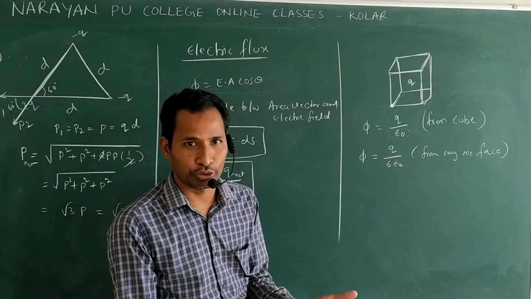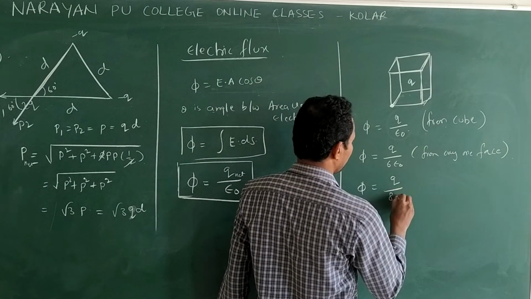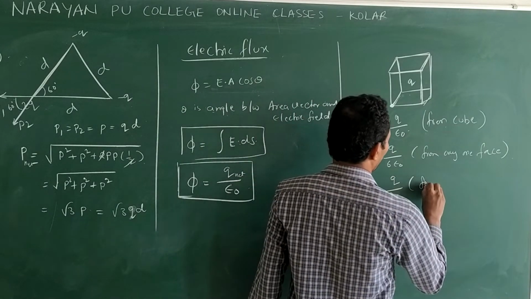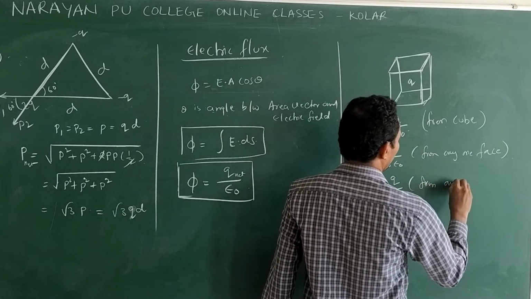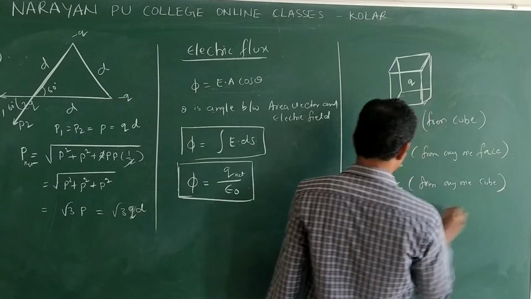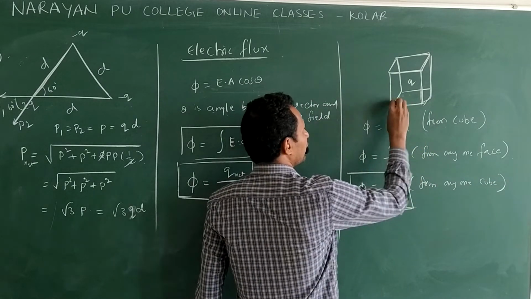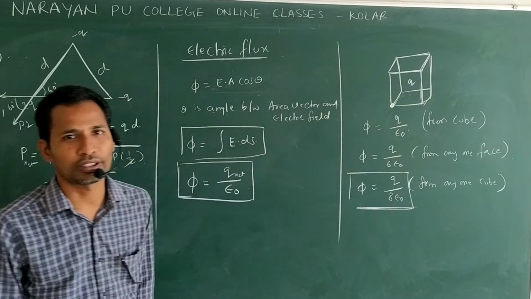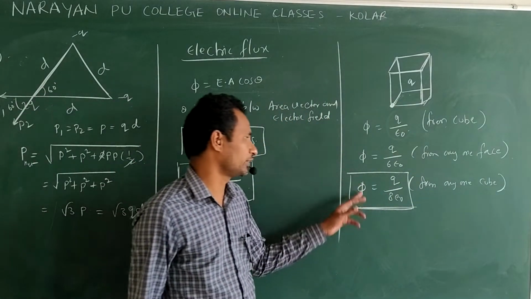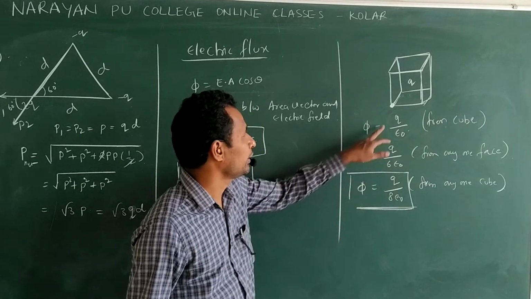If they ask for one cube, in that case phi is equal to Q by 8 epsilon naught from any one cube. In this case, the charge is placed at the corner. Clear? So based on the question, the formula and answer change.